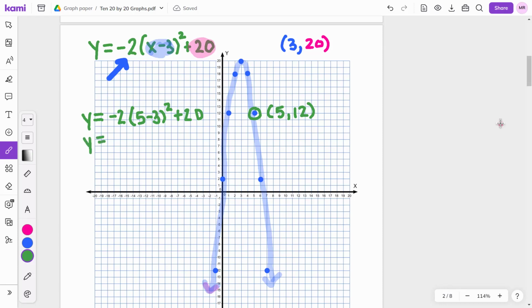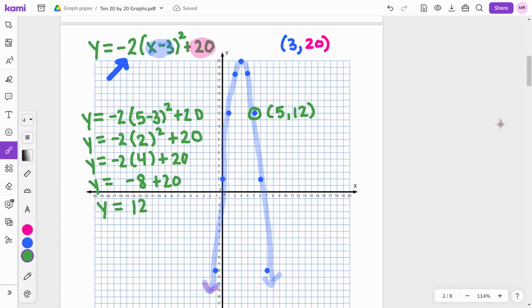So I'm going to get -3... I mean, 2 squared, plus 20. We do that too. I'm going to get y is equal to -2 times 4 plus 20. -2 times 4 is -8, plus 20, and I ended up with a 12.